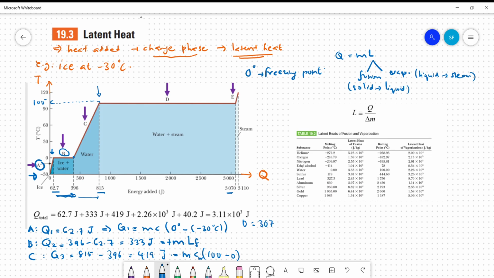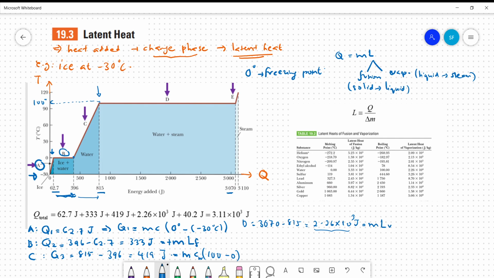So the amount of energy is 3070 minus 815, which gives us 2.26 times 10 to the power of 3 joule. This amount of heat is required to break the molecular bondings of water to become steam. So this equals mL, and this is Lv, the latent heat of vaporization.